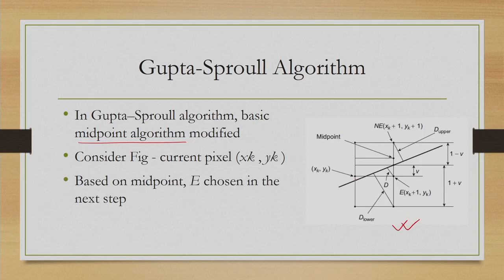Suppose we have chosen this pixel at present, xk yk, and based on the midpoint let us assume that we have chosen E, this pixel, in the next step. Later on we will see what will happen if we choose NE instead of E.